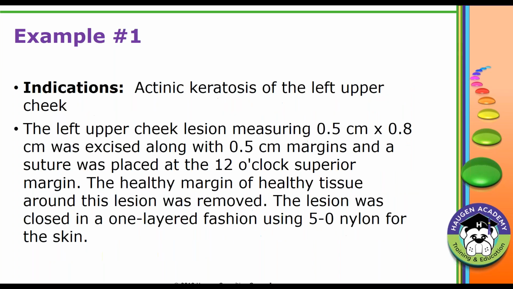So let's take a look at our first example here. Again, we're looking for information that we need to code. This is an actinic keratosis of the left upper cheek. It measures 0.5 centimeters by 0.8 centimeters, and then they did a 0.5 margin, and then they closed in a one-layer fashion.